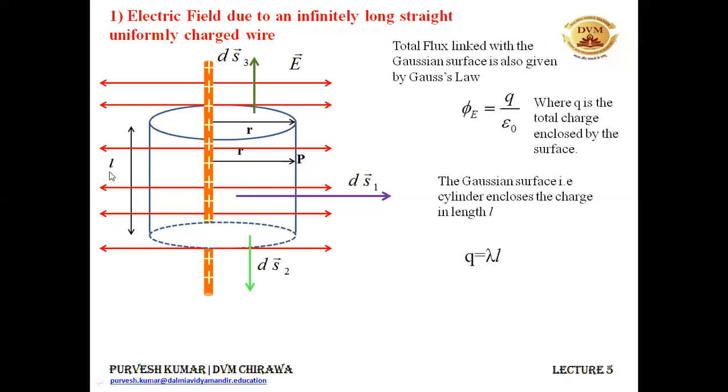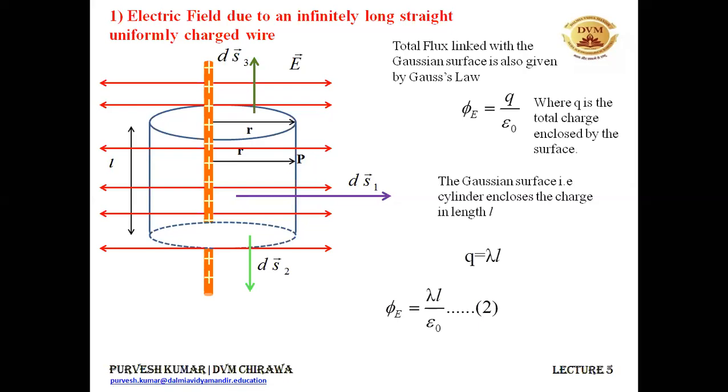That is lambda multiplied by L. So the value of this Q comes out to be lambda into L. So in place of this Q, I should write this lambda L. The total flux linked with the Gaussian surface by Gauss's law comes out to be lambda L upon epsilon naught, where lambda is the linear charge density of this infinitely long straight charged wire. All right. So this is our equation number 2. Please mark it as equation number 2.